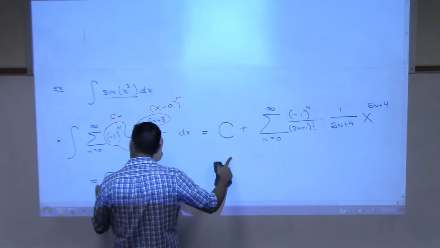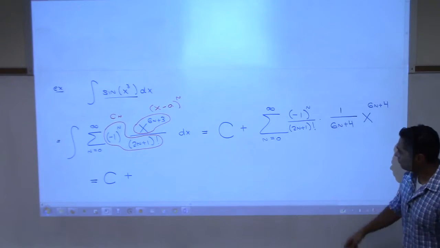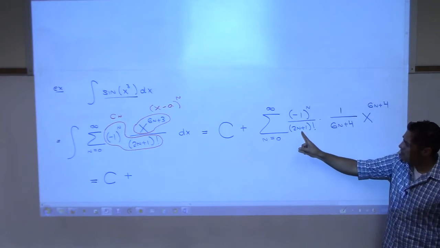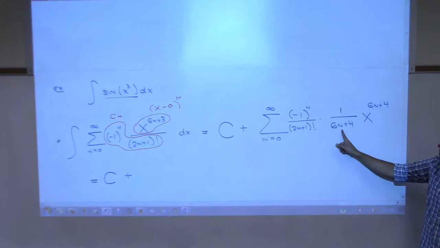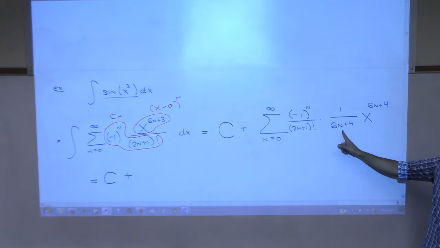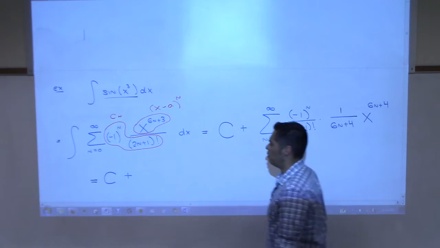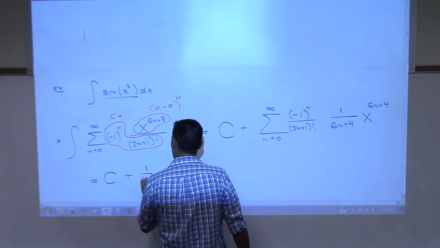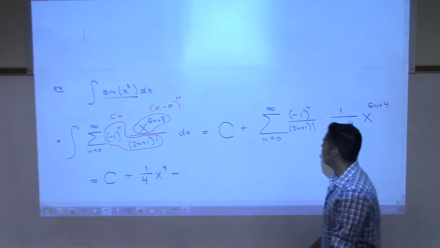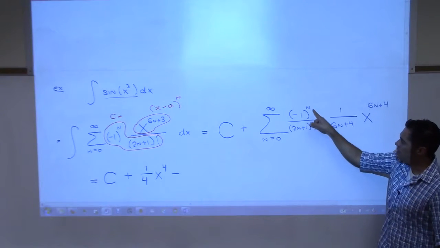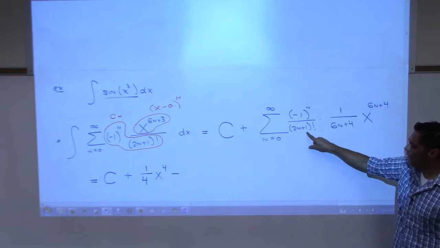I have some constant plus, let's plug in 0. You get 1, 1, 1/4 x to the 4th. Okay, so I just have 1/4 x to the 4th. The next one should be negative, shouldn't it? So I'm plugging in 1 now. So I get negative 1 in here, 3 factorial.